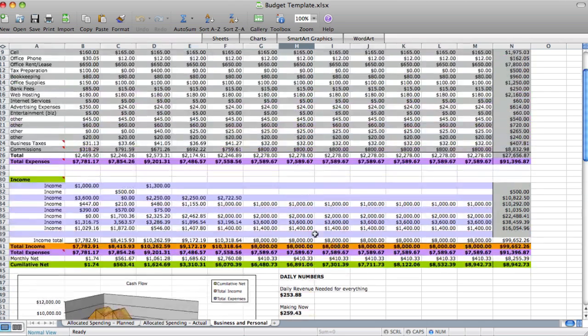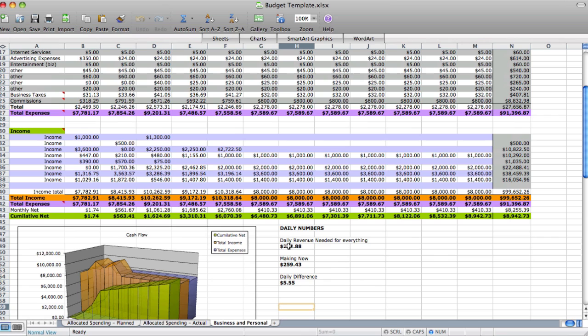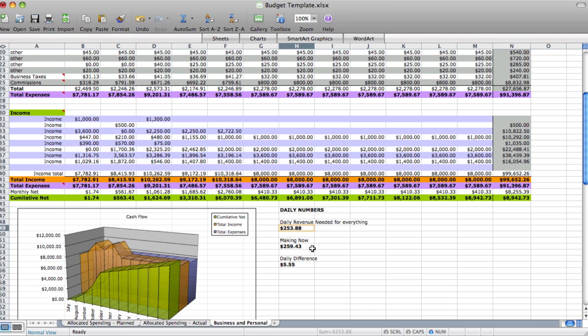And then also, this is useful to me. I break things down on a 30-day month and tell myself how much money I need to be making per day. And if you like to think in micro portions or whatever, you can look at this.